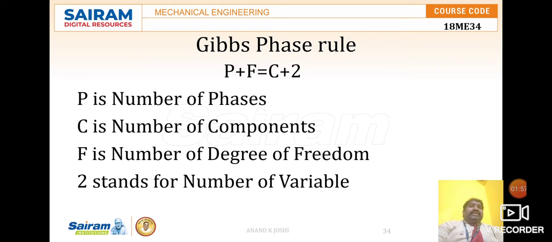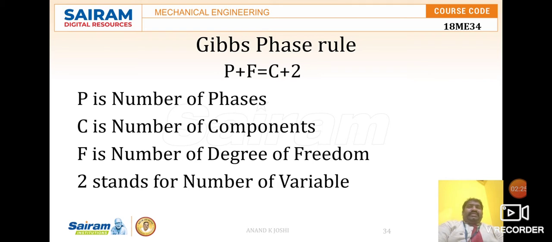Hence the digit 2 in the Gibbs phase rule is replaced by digit 1, which stands for temperature as the single variable. So the modified Gibbs phase rule becomes P plus F is equal to C plus 1, or we can write this as F is equal to C plus 1 minus P.